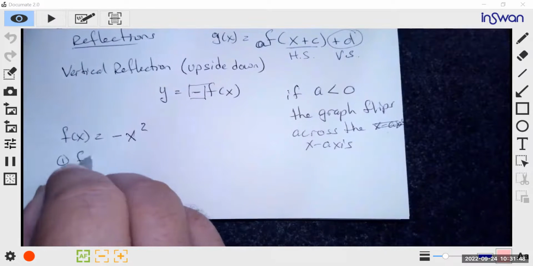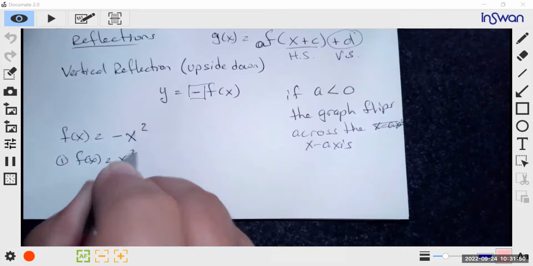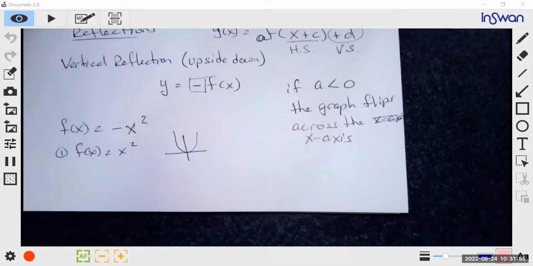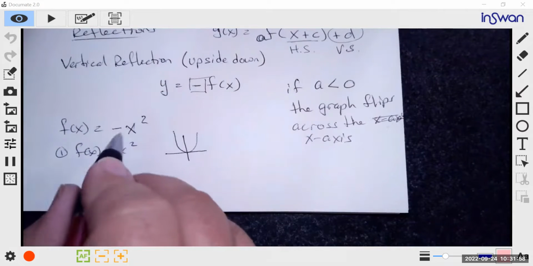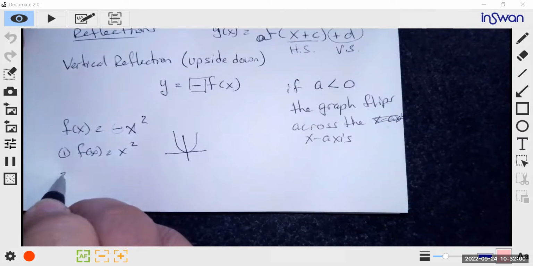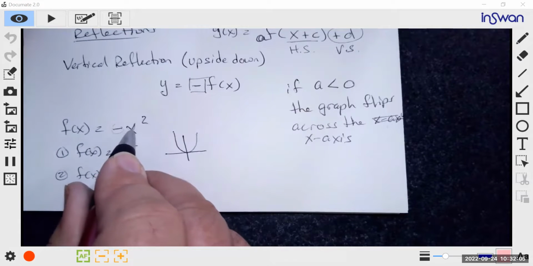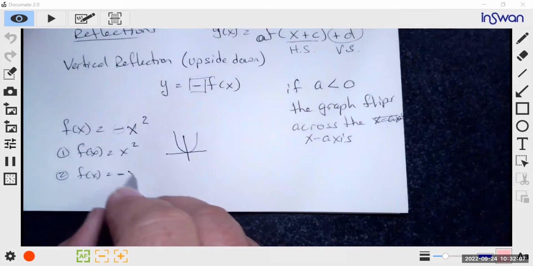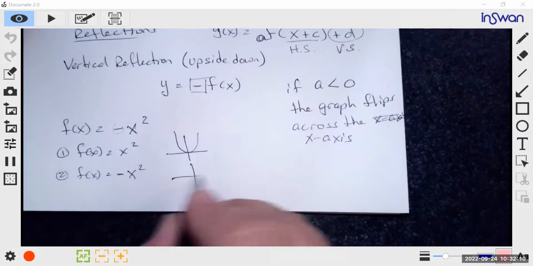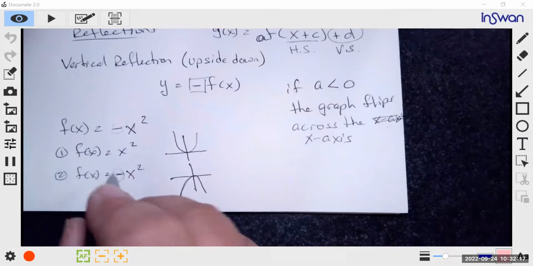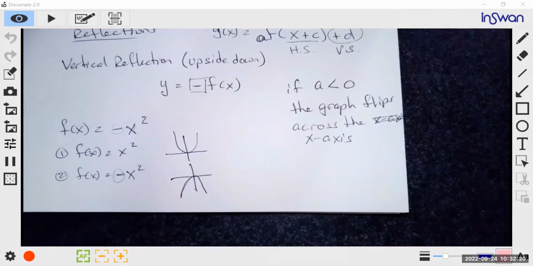So the original function we have here is x squared. What that means now is any answer that we have, we simply change its sign. Now it goes down. Negative coefficient makes it go down, positive makes it go up. So there's your graph.